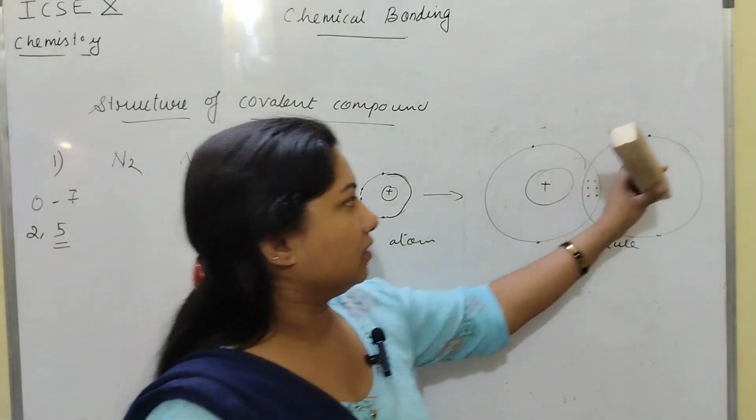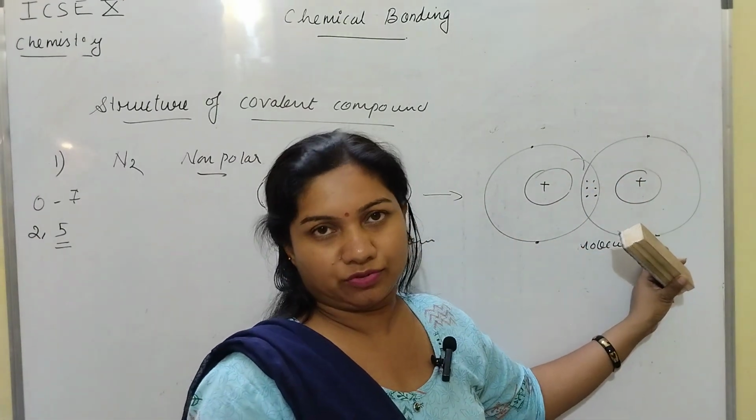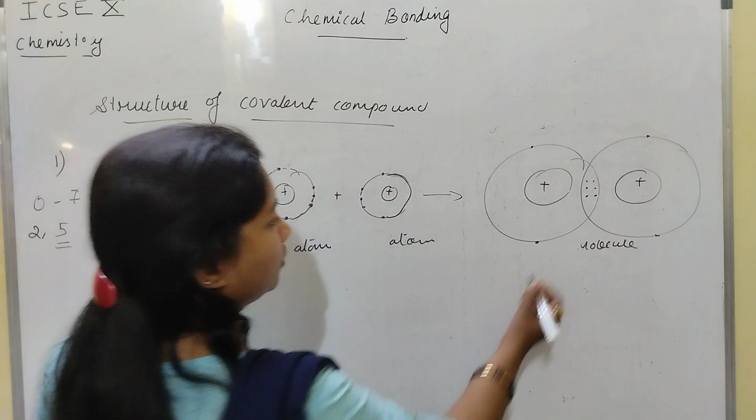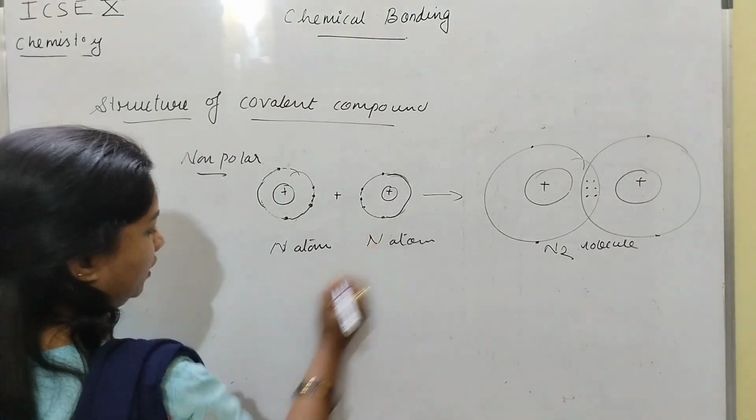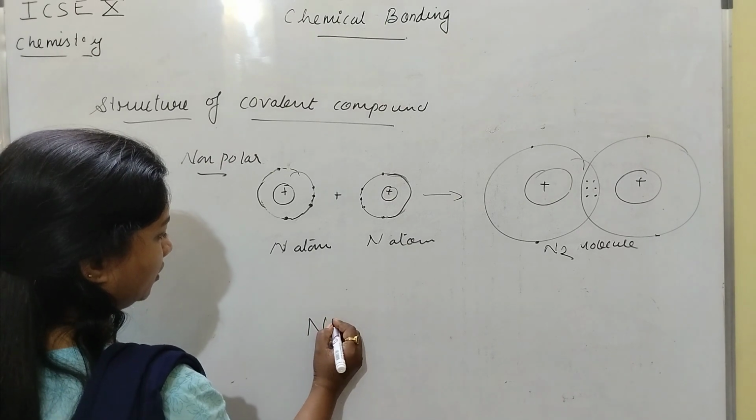Octet completed. Octet completed of this nitrogen also. So this is the nitrogen molecule and these are nitrogen atoms. Lewis dot structure.